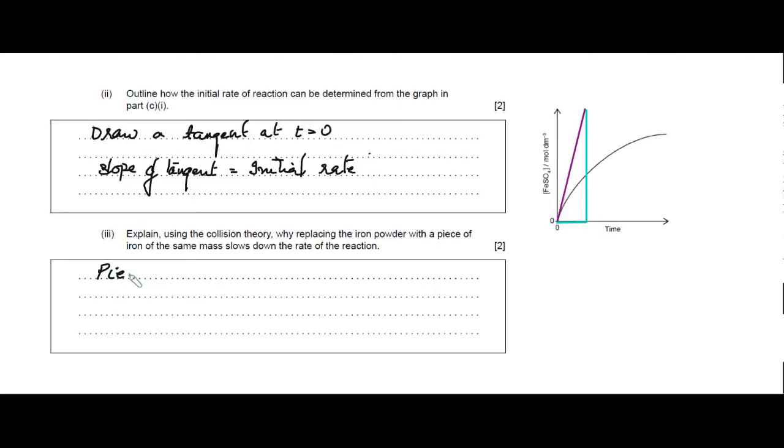Piece of iron has smaller surface area or lower surface area.